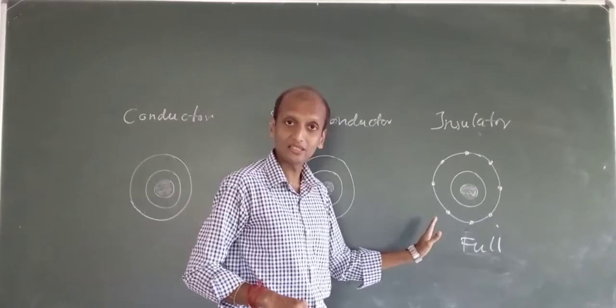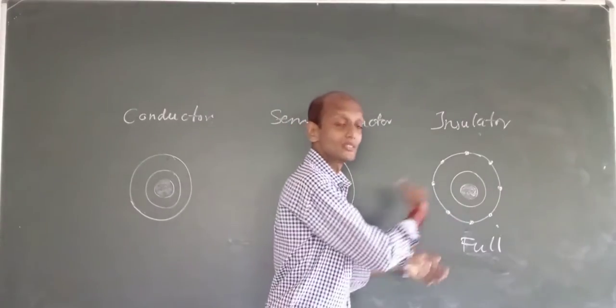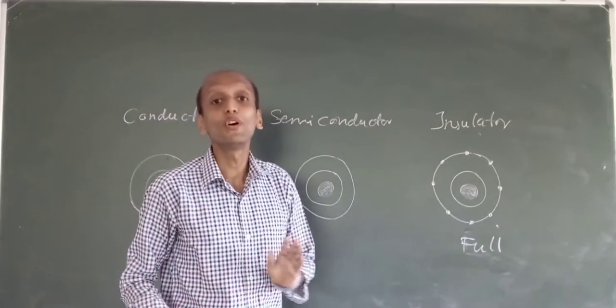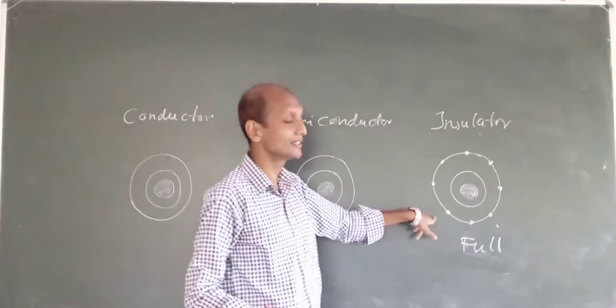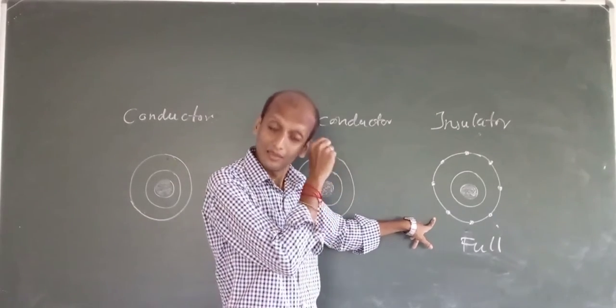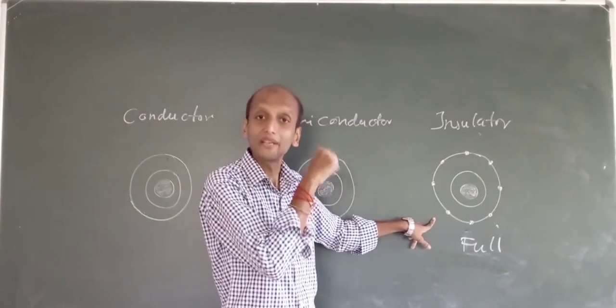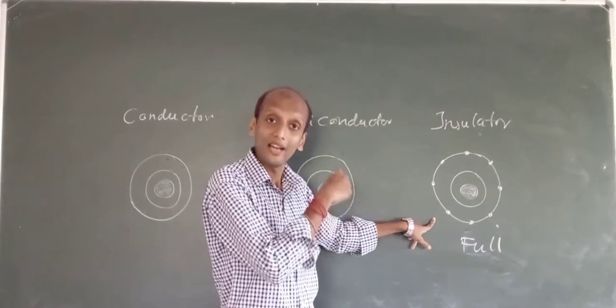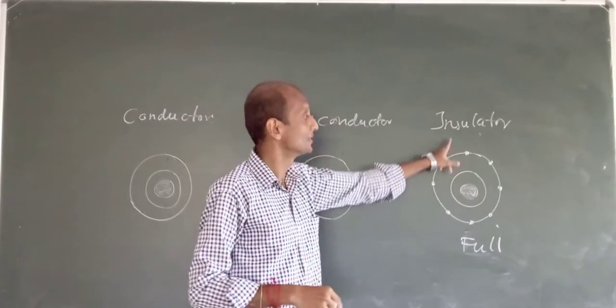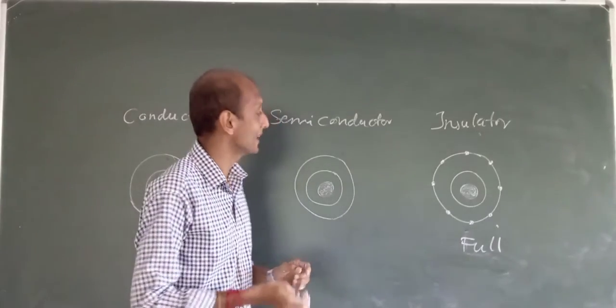Here everything is full, so no other charges can come and sit, so there is no flow of charges happening. That is why such materials, and such atoms of such material, won't conduct electricity, so they come under the insulator category.